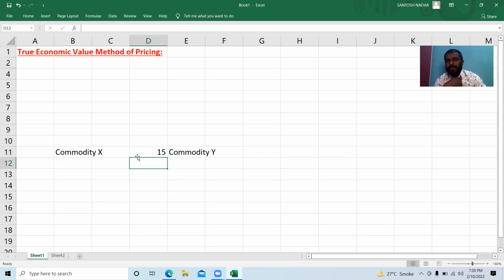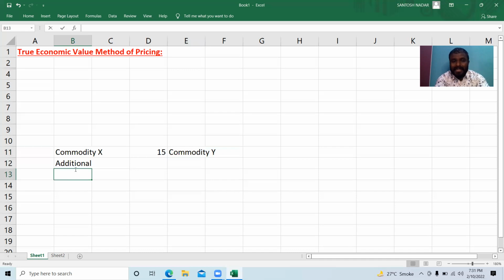Now what I will see is, I will try to find out what additional features my commodity possesses as compared to commodity X. If I feel that my commodity Y is giving something better than commodity X, I will charge an additional amount from my customer. And if I feel that my commodity Y possesses a feature lesser than commodity X, I will give the benefit to the customer.